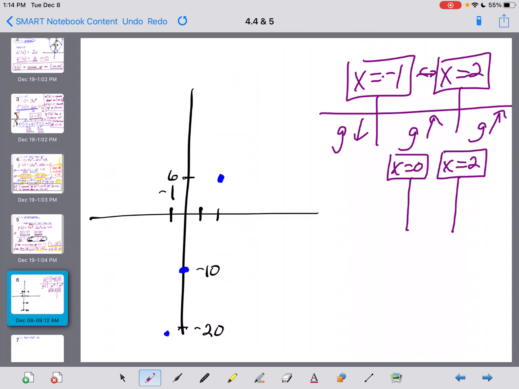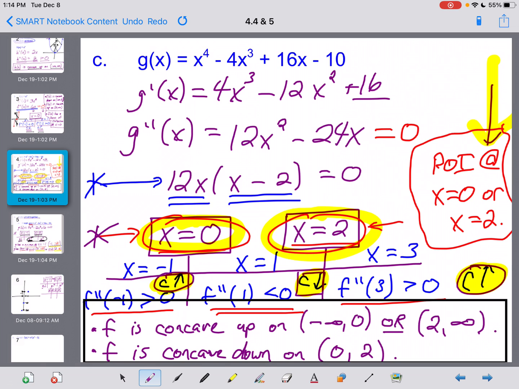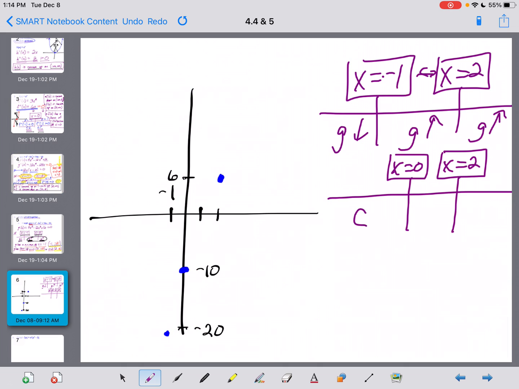So maybe you can kind of see what I'm going for right here. When we put these two together, it's almost like a little number line. -1 is furthest to the left, 0 is in the middle, and the 2's line up. And the result of the second derivative sign chart are what I've highlighted right here in yellow. Concave up, concave down, concave up. So concave upward, concave downward, concave upward.